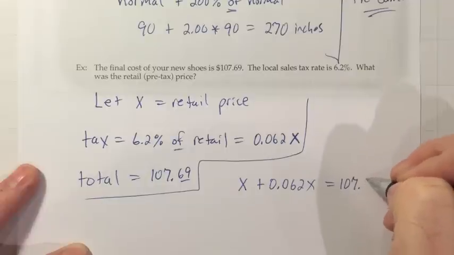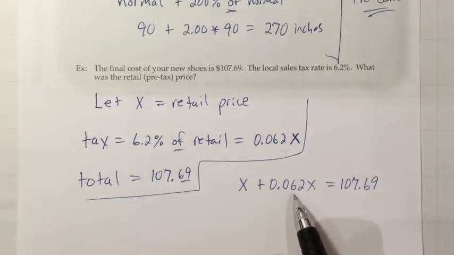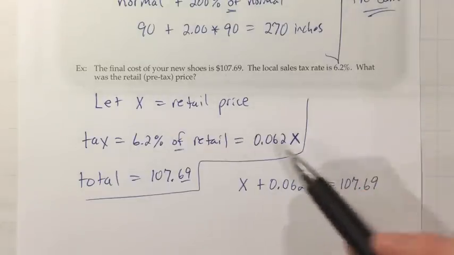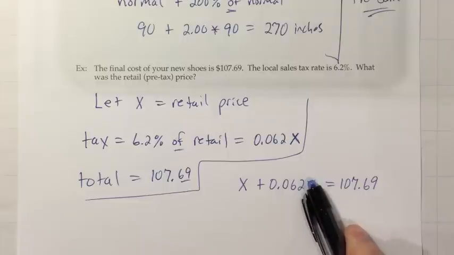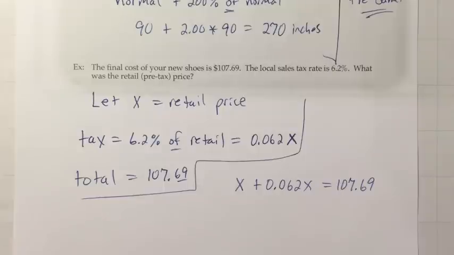Another mistake people make sometimes is when they add the tax, they just want to add 0.062 because it says that's the tax rate. But the tax rate is always multiplied times the price. If you don't put that X there, you're just adding 6.2 cents to every purchase, which would be awesome, right? When you buy something really expensive, tax is just 6 cents, but it's not. It's 6% of whatever the price was.